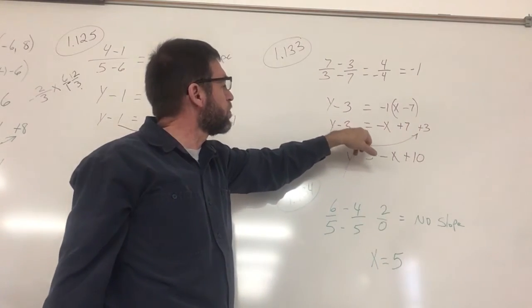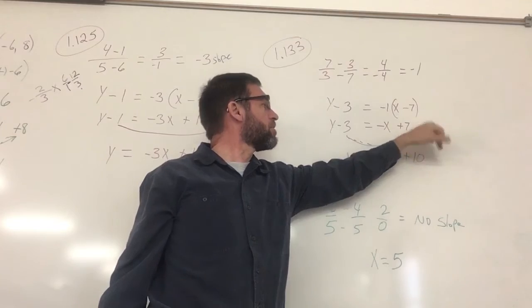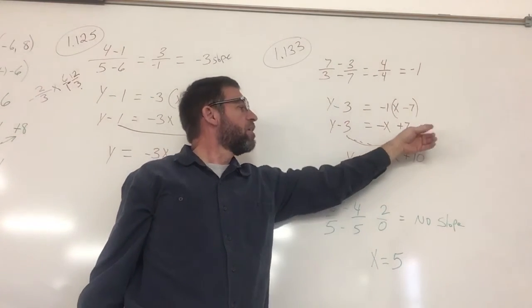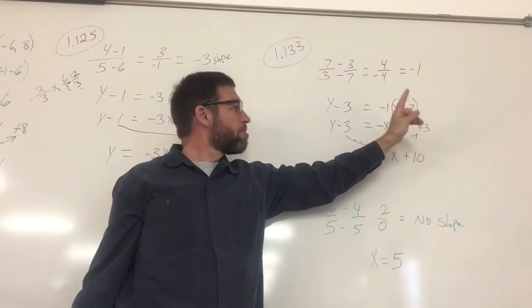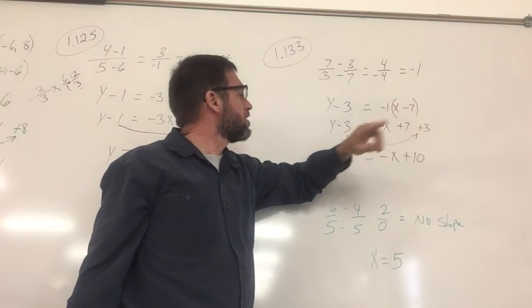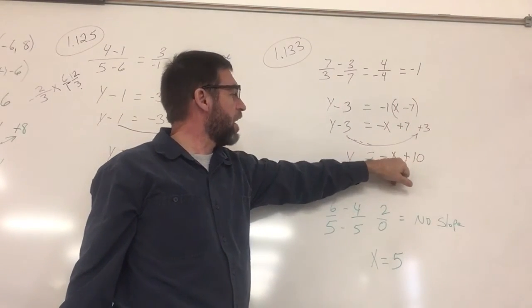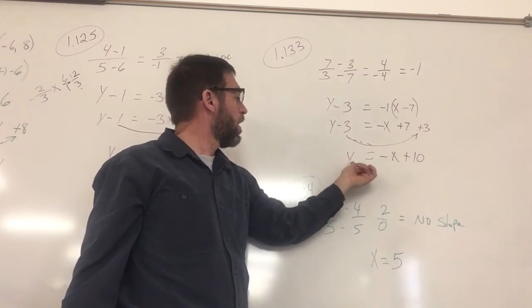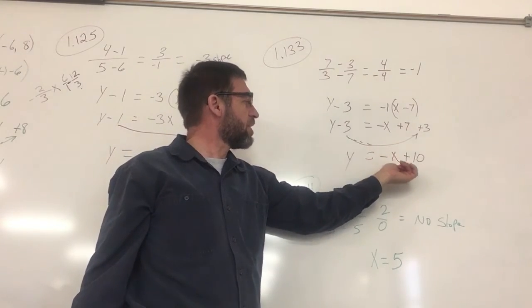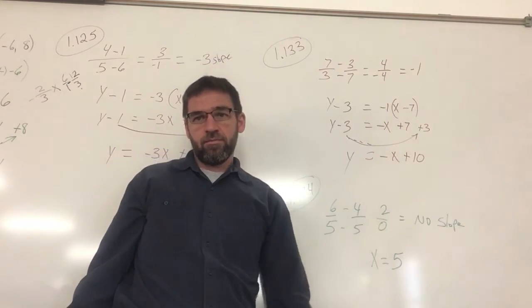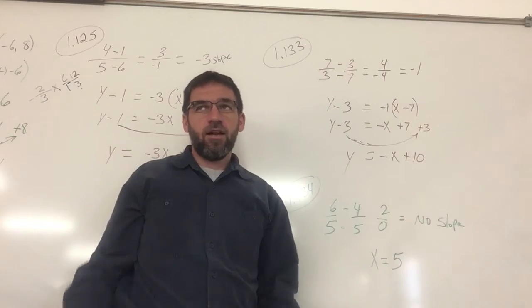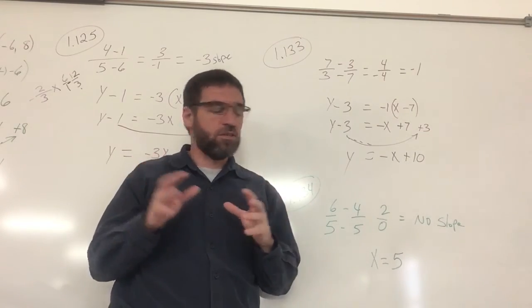And now you bring the 3 over here and make it a positive 3. It was negative. Positive 3 and a positive 7 makes you a positive 10. Y equals negative x positive 10. I like those simple ones.